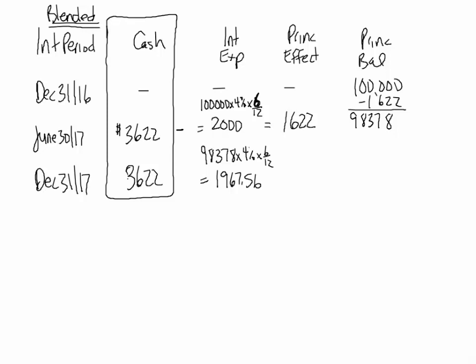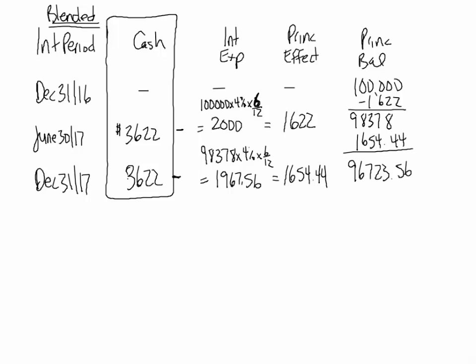So if I take the $3,622, I subtract the amount of the interest expense, that's going to get me my principal effect. And my principal effect here will be $1,654.44. If I take away that $1,654.44 from here, our principal will remain at $96,723.56.